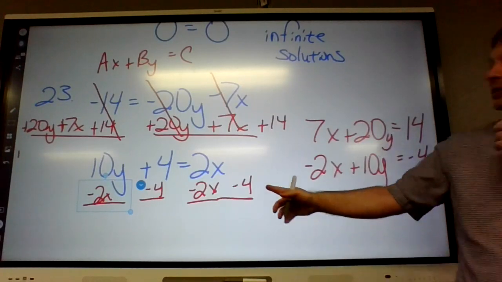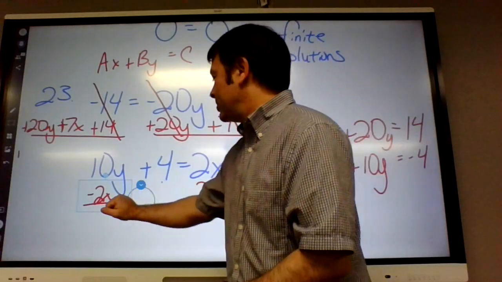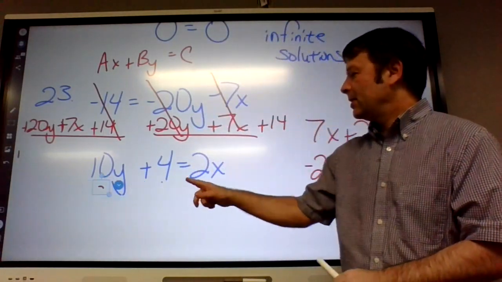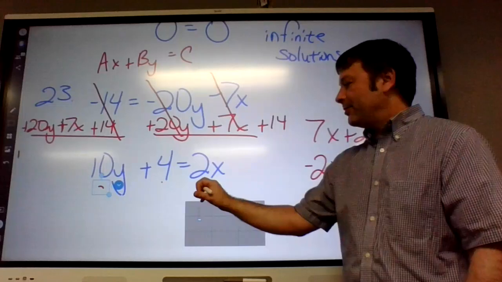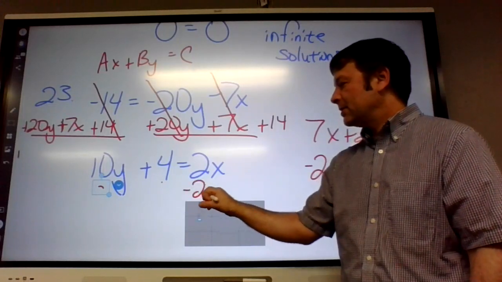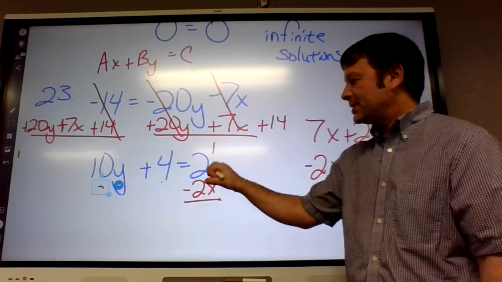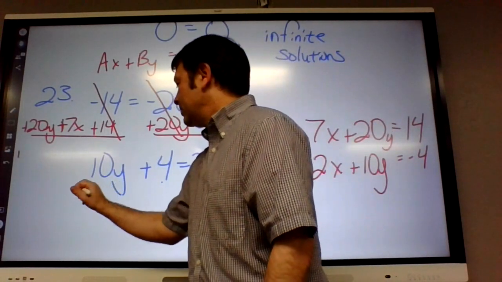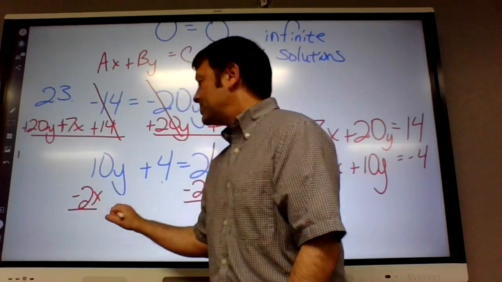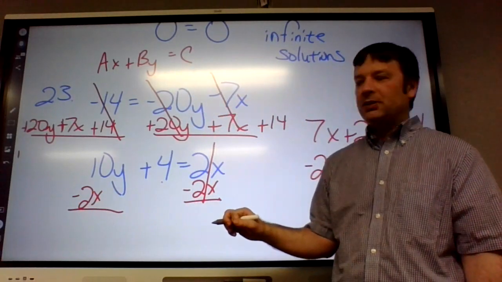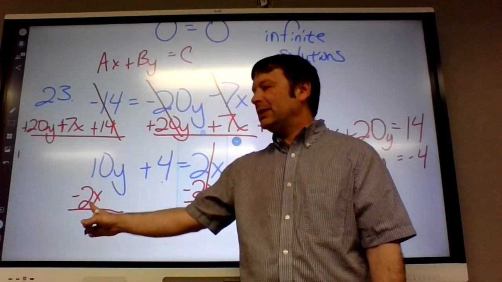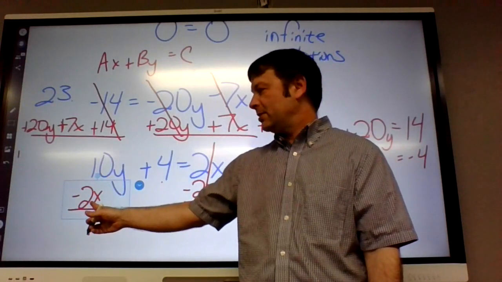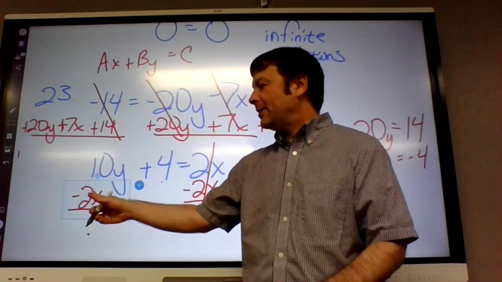Let me do it one step at a time. So 2x is on the wrong side, right? How do I get rid of it on this side? Minus 2x, that's just going to go away. Over here, I also am now going to have a minus 2x. What was 2x on this side becomes negative 2x on this side, because I did the opposite.